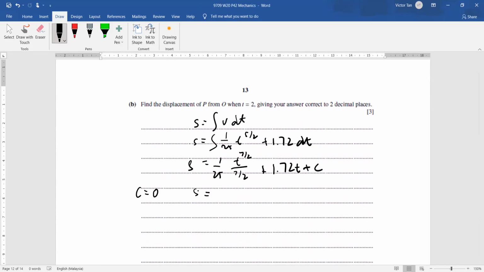S equals 1 over 175 t to the power 7 over 2 plus 1.72t. So t equals 2, 1 over 175 times 2 to the power of 7 over 2 plus 1.72 times 2.